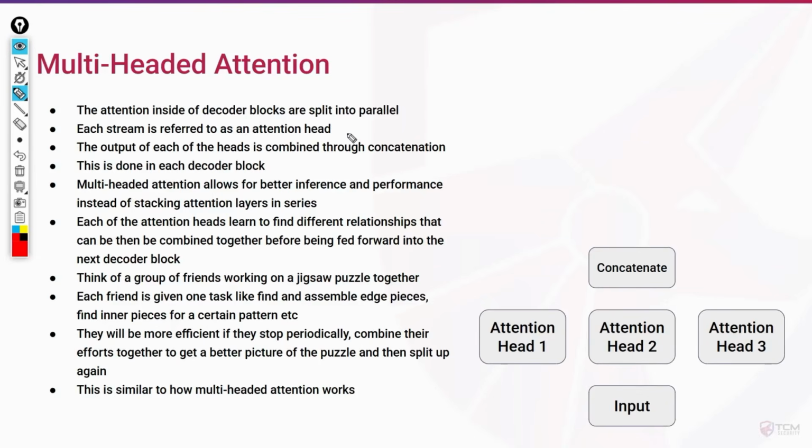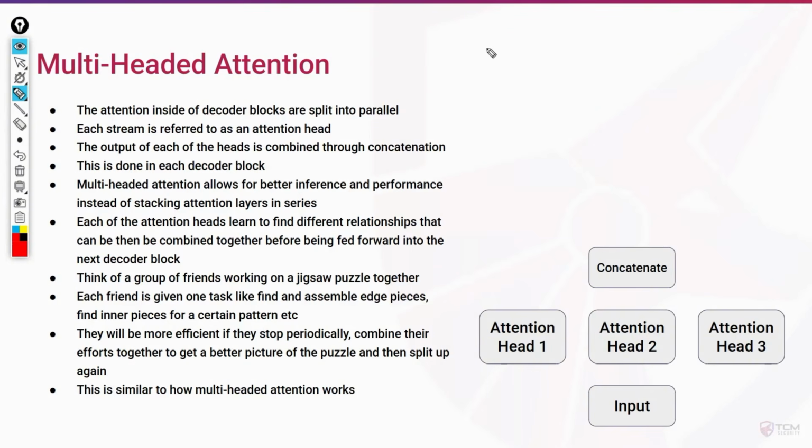So now that we understand how the attention works from a neural network standpoint and a bit of the math, the actual architecture of attention and the decoder blocks goes a little bit deeper. So right here, we've got the start of the architecture inside of one decoder block. And recall that inside of a transformer LLM, on the decoder side, we actually have multiple decoder blocks that are stacked on top of each other.